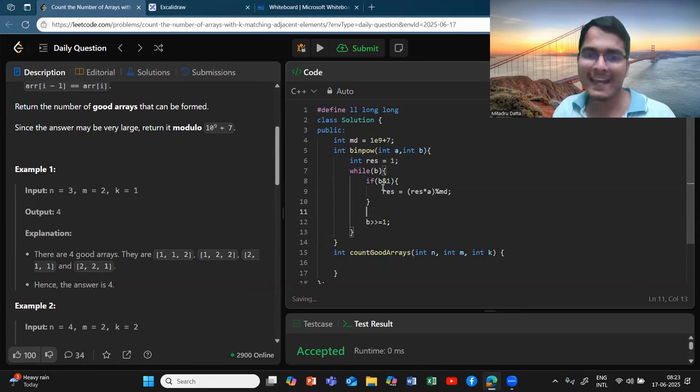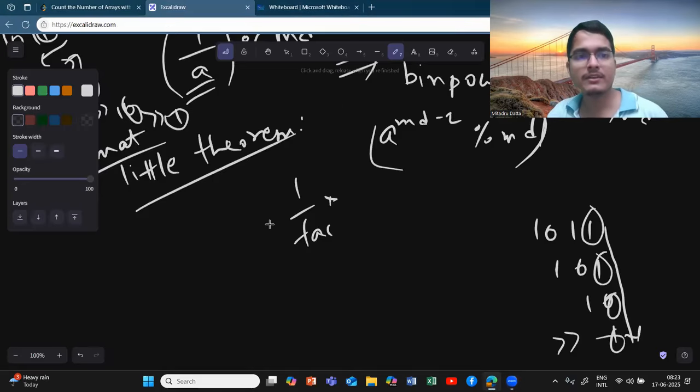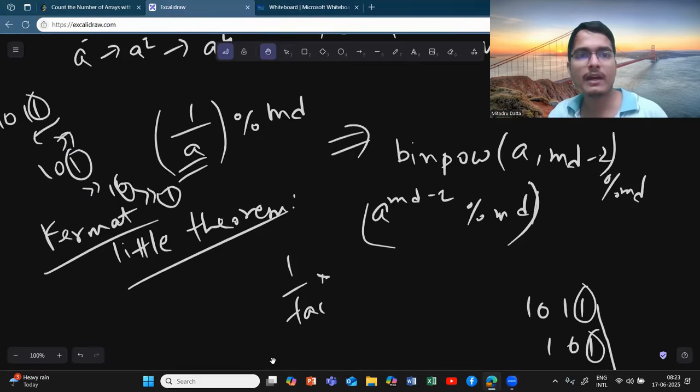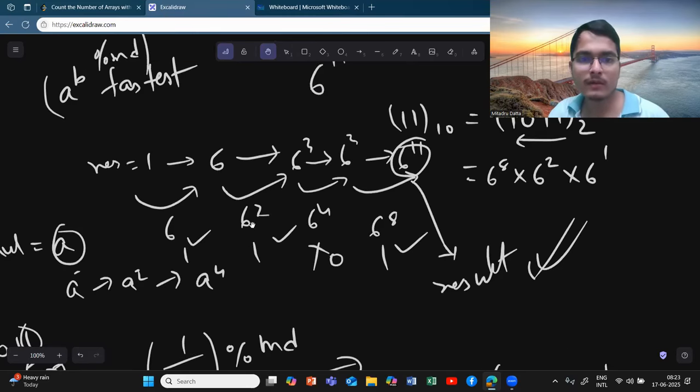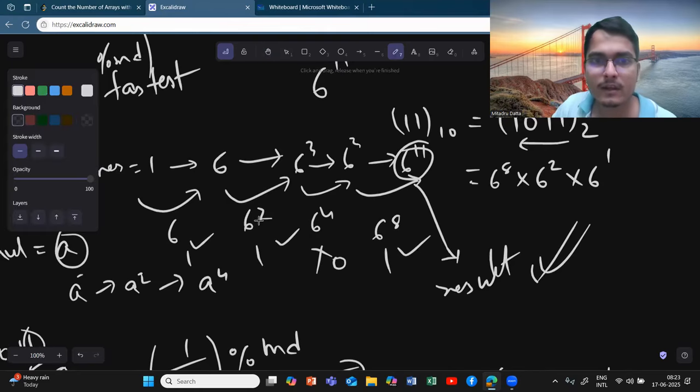Now, in every iteration, this multiplier needs to be squared: 6 power 2, 6 power 4, this will get 6 power 8. Every time it gets multiplied with itself. If this thing is x, this is nothing but x square, x into x.